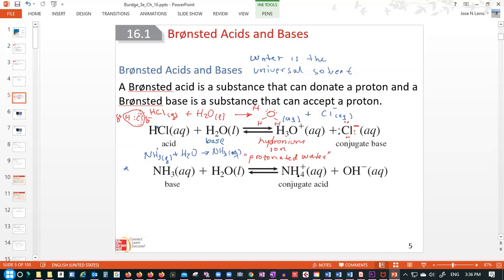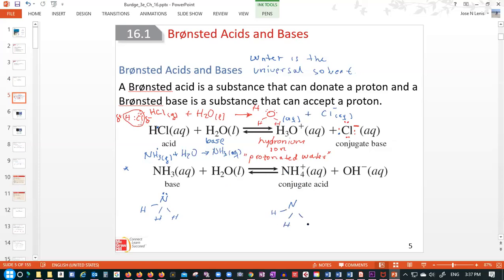See on the other side, on the product, you will notice that ammonia has an extra hydrogen. So we have, this is the ammonia.